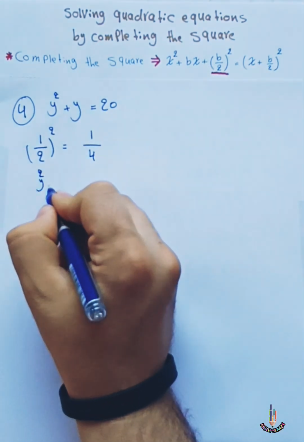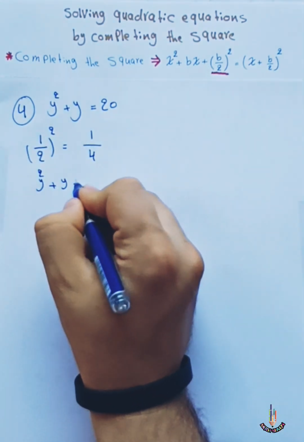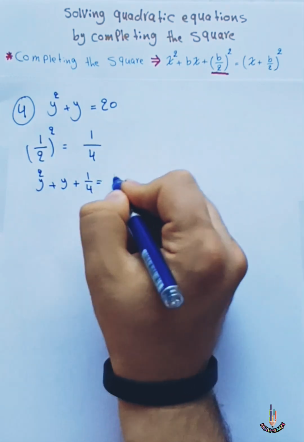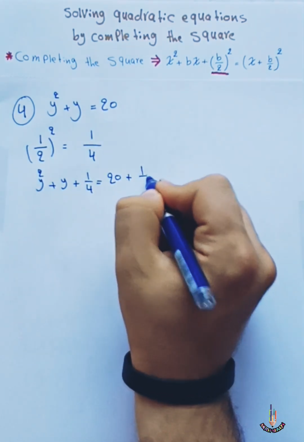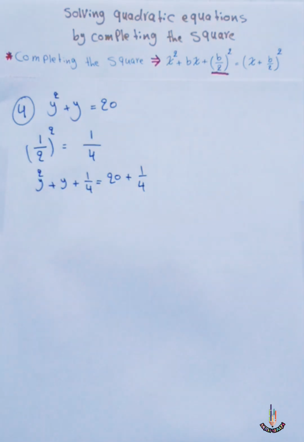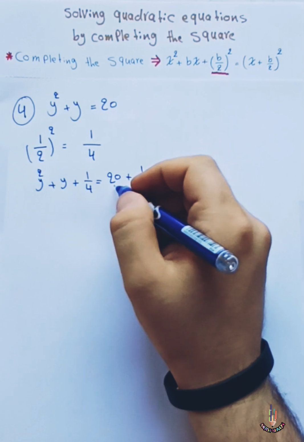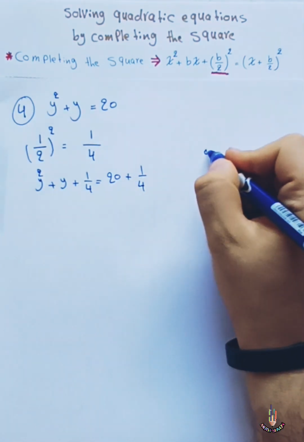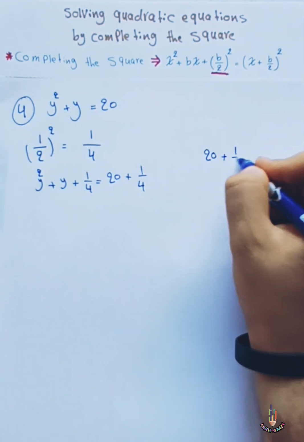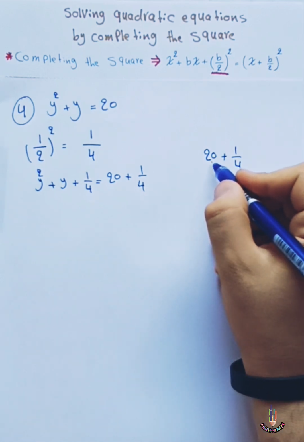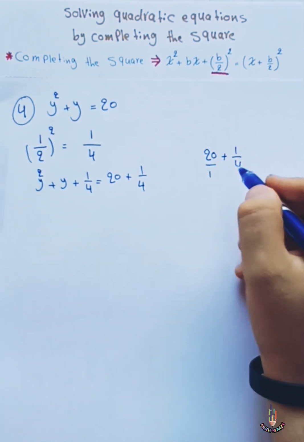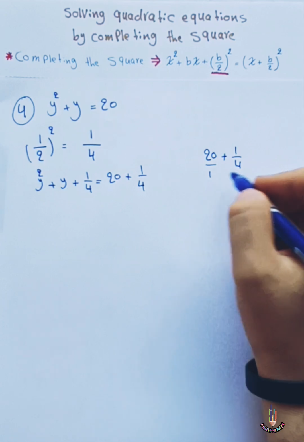So y squared plus y plus 1 out of 4 equal to 20 plus 1 out of 4. First, we have to add this whole number and this fraction, 20 plus 1 out of 4. We have to change this whole number to a fraction, and then the least common multiple for 1 and 4 is 4.